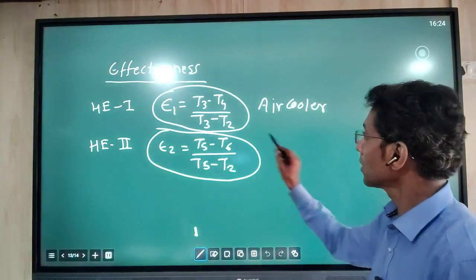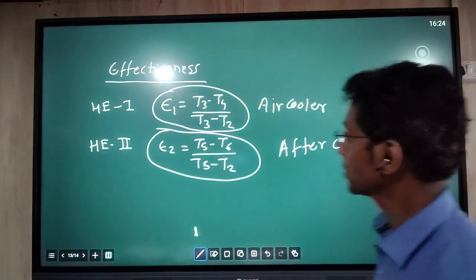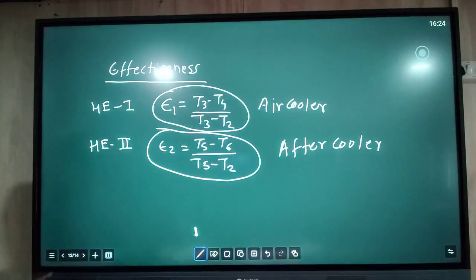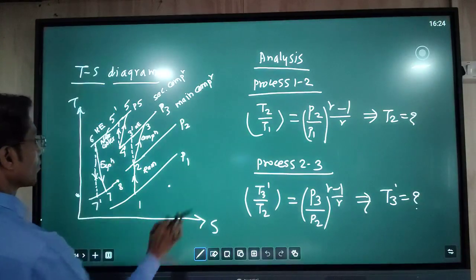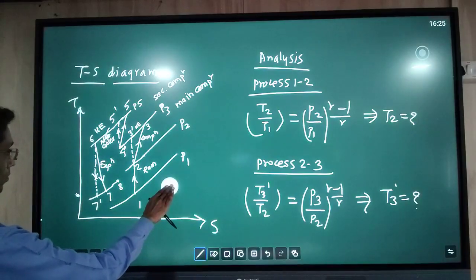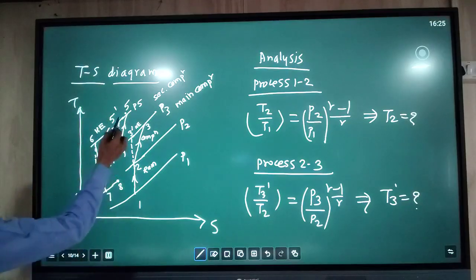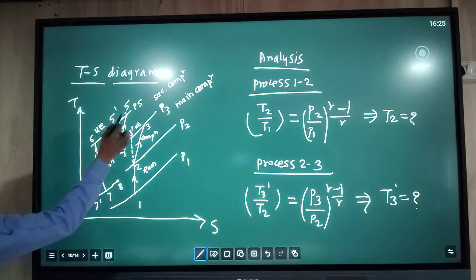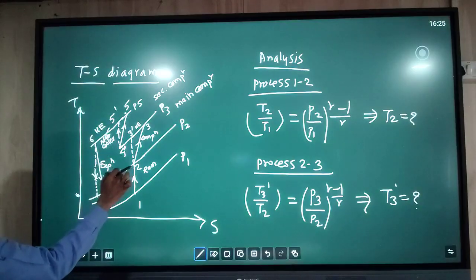Similarly, the effectiveness of the after cooler, heat exchanger number 2. In this heat exchanger, process 5 to 6, a heat removal, air cooling process takes place in the after cooler. So from 5 to 6 means T5 minus T6, the temperature difference during the heat rejection, divided by the temperature rise due to the main compressor, that is 2 to 5.